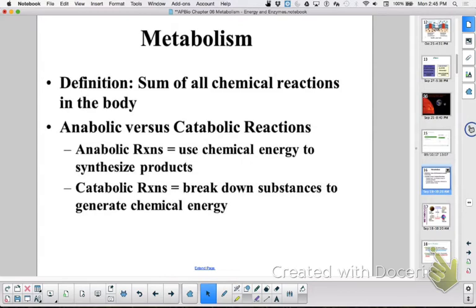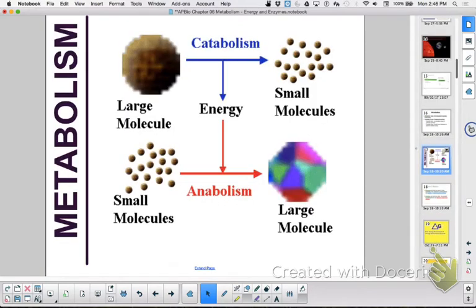A catabolic reaction is about breaking. I'm assuming it's going to what? Release energy. Good. And when we talked about coupled reactions, this would be a good example: a catabolic reaction that releases energy, that's exergonic, and that energy can be used by an anabolic reaction, an endergonic reaction.